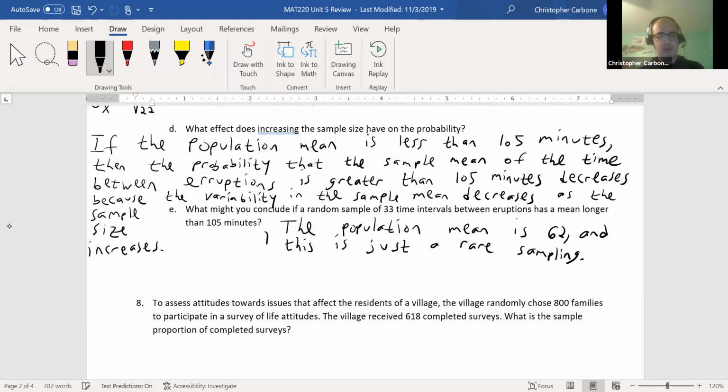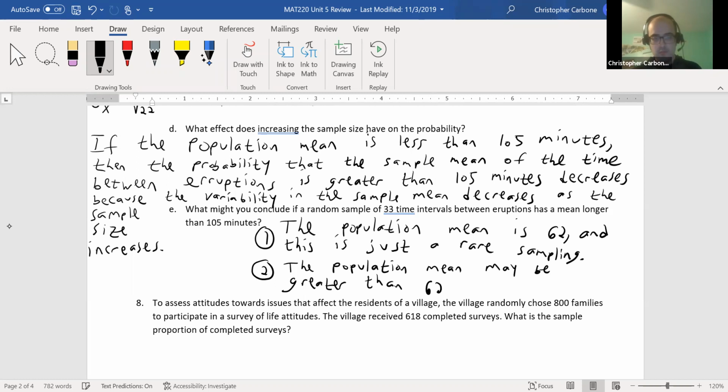This would be one of the answer choices you would select. There's also a second one, this one being the population mean may be greater than 62. And why is that? That's because of the sample size being 33 here.